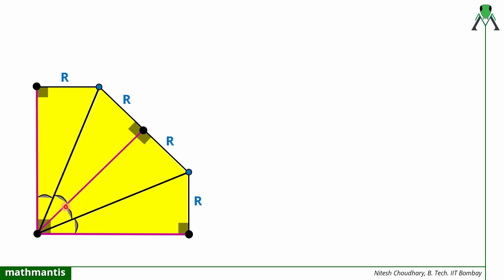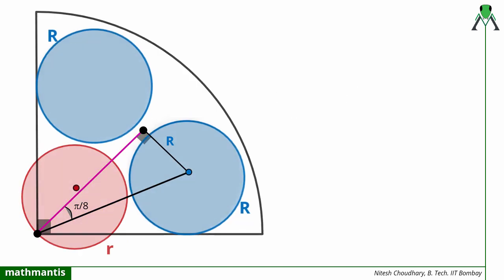These angles will be equal in all these 4 triangles. So each angle will be 90 degrees divided by 4, that is pi by 8, or pi by 2 by 4, that is 22.5 degrees. So now let us move back to the original diagram here.